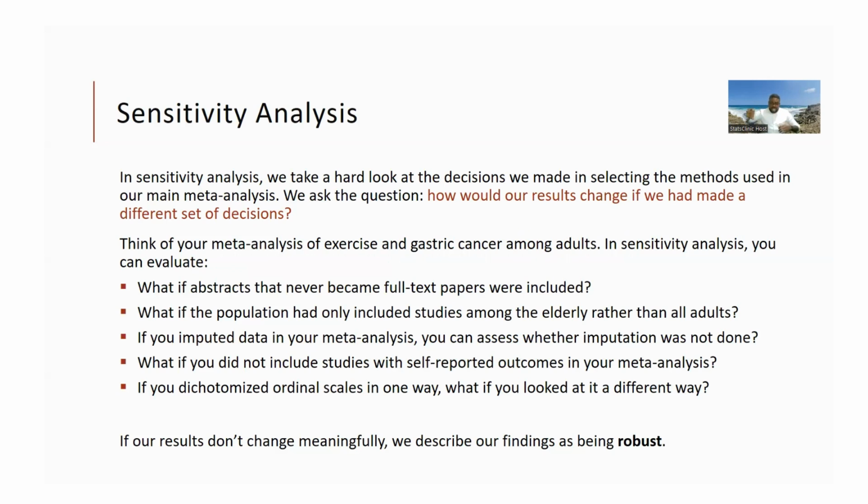You repeat your meta-analysis under these different approaches, and look at how your results would differ from the result that you obtained in your main meta-analysis. So how did the decisions that you made affect the results? You would explore that by changing the decisions, and look at how they affect how your results change.